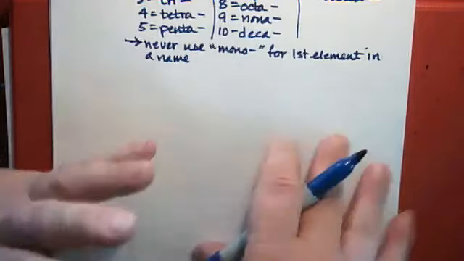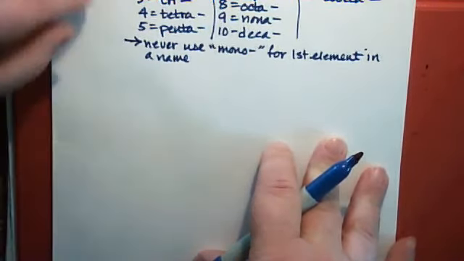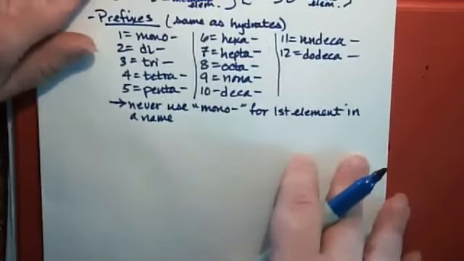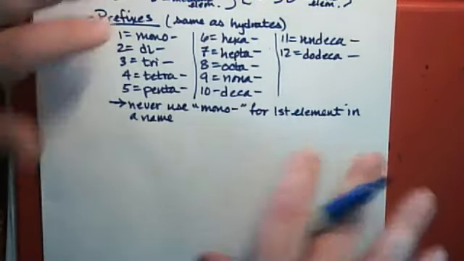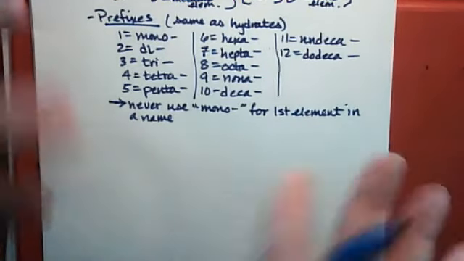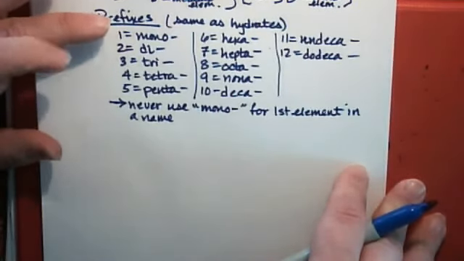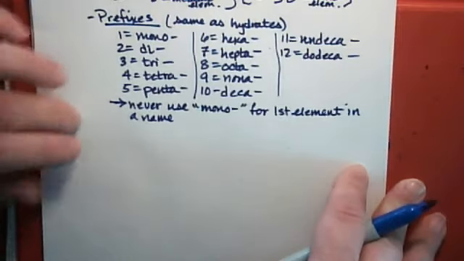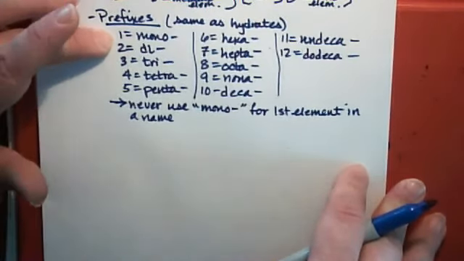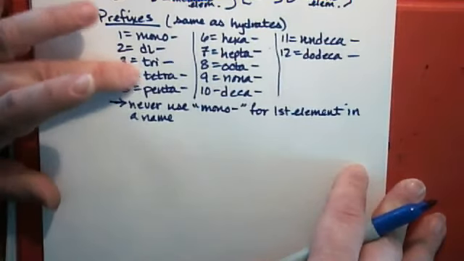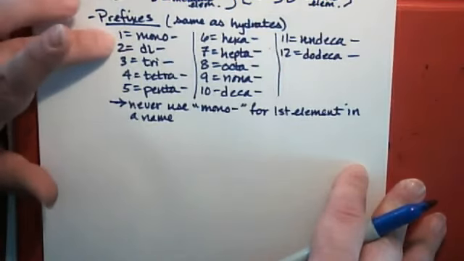And since there's one atom in the center, there would be an enormous number of compounds starting with the prefix mono. And things like alphabetical lists of chemicals or chemical dictionaries would have just a gigantic volume for M. It would be bigger than all of the other volumes combined. And so they figured that it was probably better just to name compounds like that based on the name of the element in the center rather than putting mono in front of it. But you do use di or tri or tetra if there's more than one, but never put mono at the very beginning of a name of a compound.